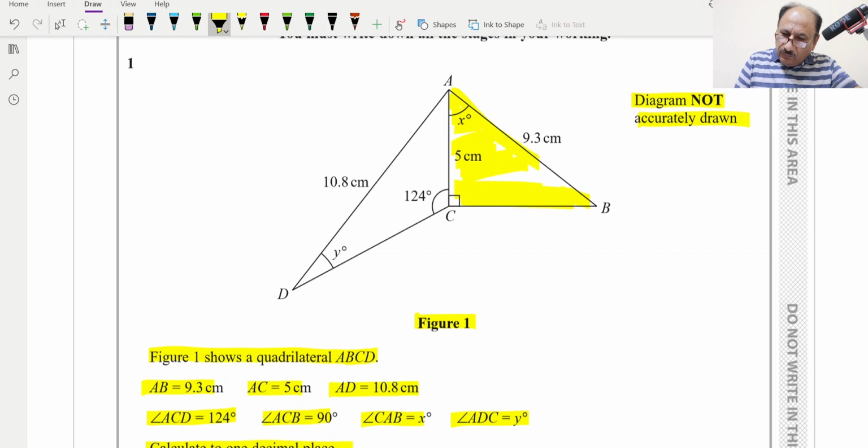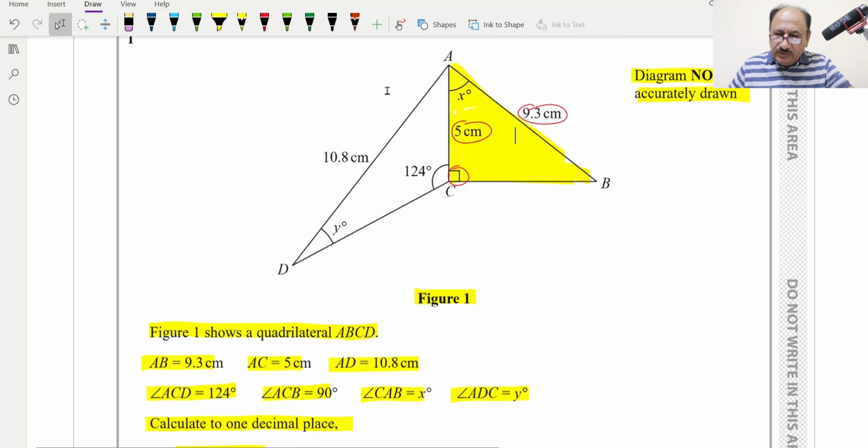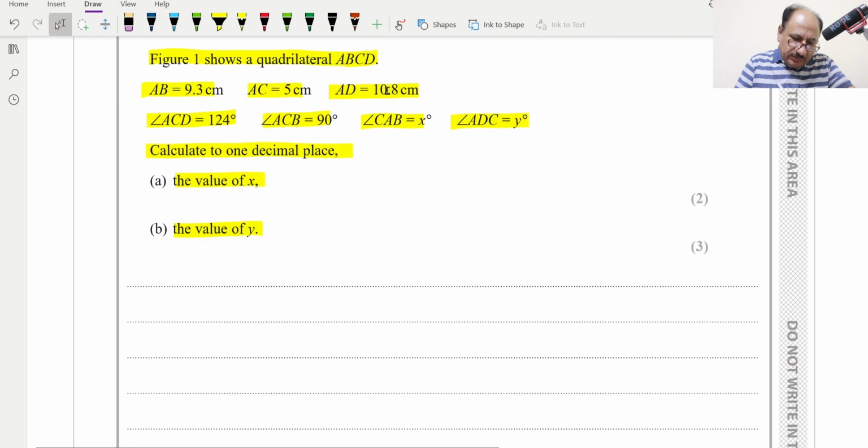In this triangle we can apply trigonometry. This is a right angle triangle, and this is the right angle. So 5 centimeters is the adjacent, and adjacent over hypotenuse is cos theta.